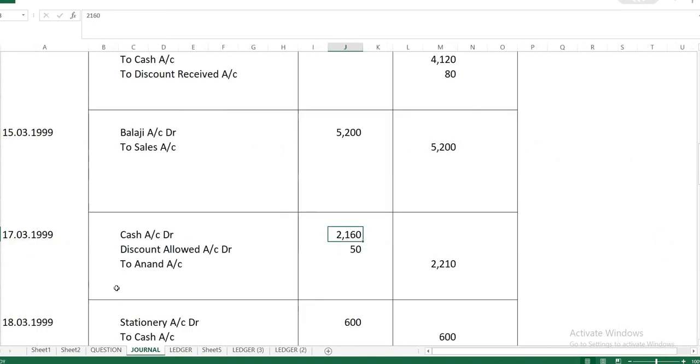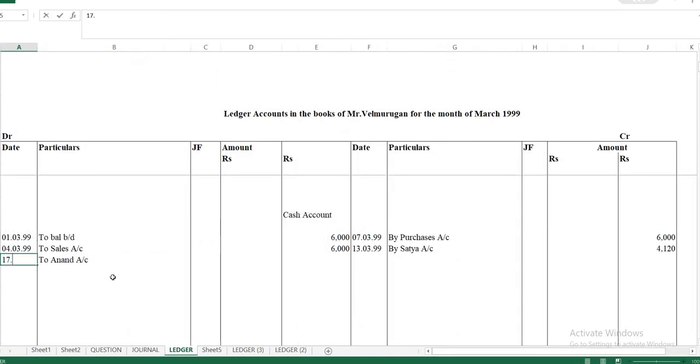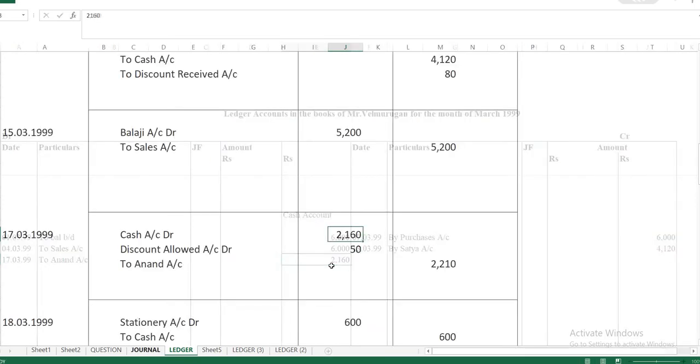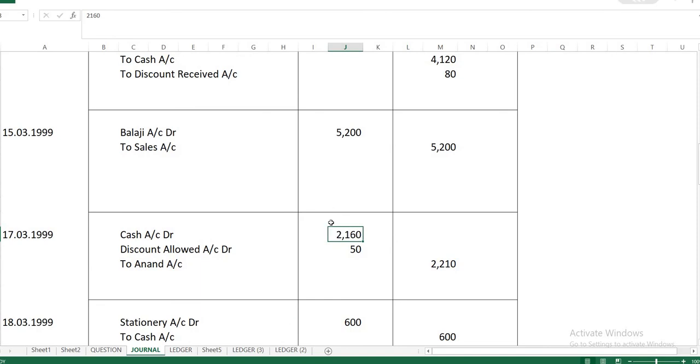Okay, so to Anand account, 17th it has taken place, so 17 March 1999. So that amount has to be given here. So 2160, I think so, that amount we have to mention here. This amount only has to be shown because actually we are receiving only 2160 from him, not this amount. Okay, so 2160. So we have entered in cash account to Anand account.